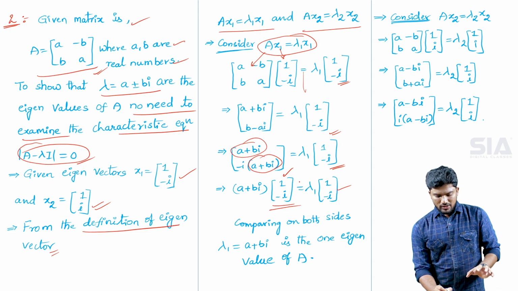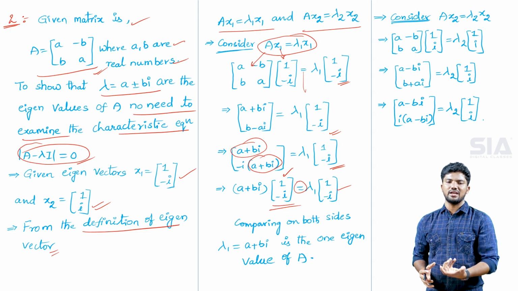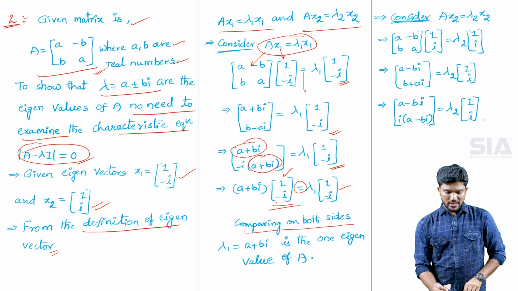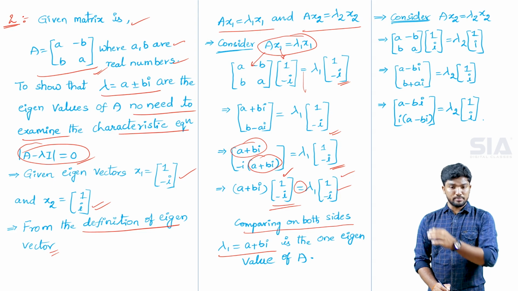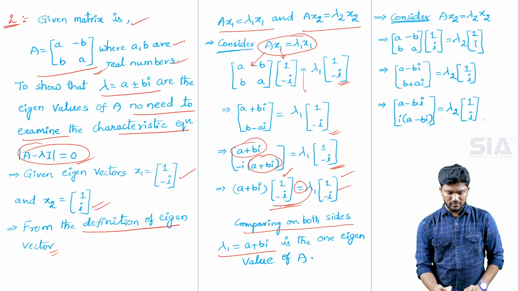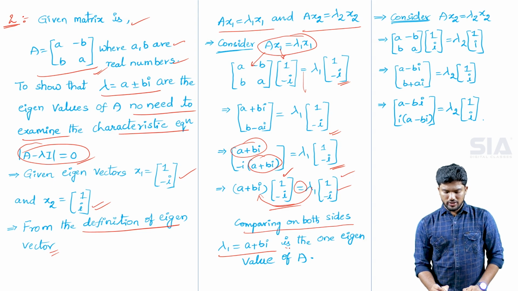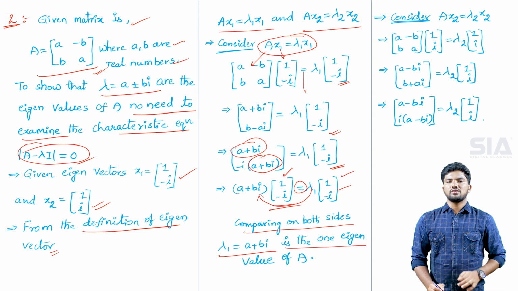Then here we have the equality symbol. We can equate both matrices, comparing the corresponding values on both sides. You will get that both eigenvectors are the same. So then lambda 1 is equal to a plus bi. So this lambda 1 value is equal to a plus bi, one of the eigenvalues of the given matrix capital A.